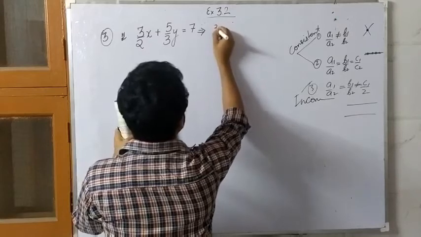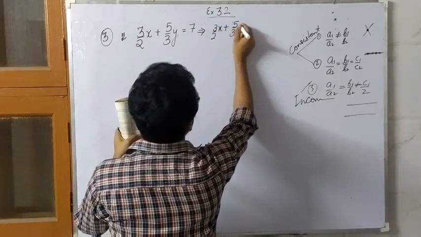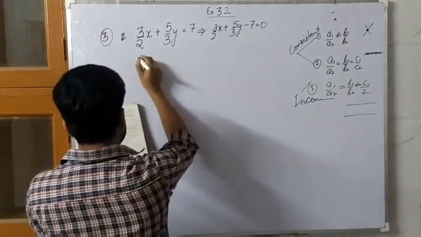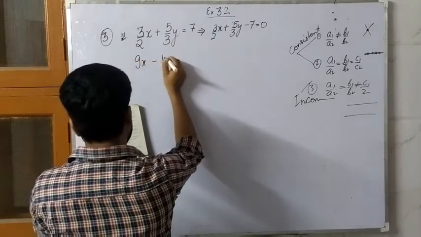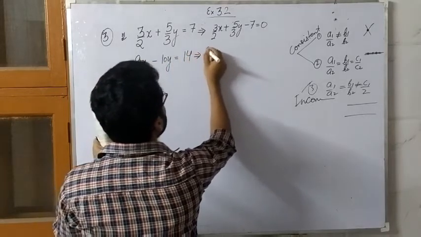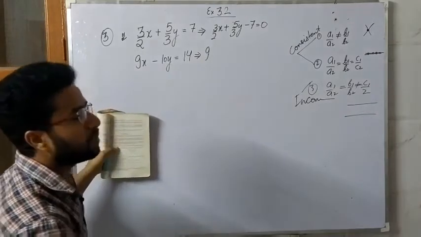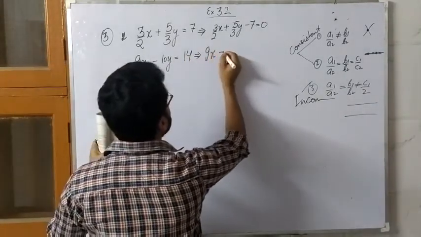So we will write 3 by 2x plus 5 by 3y minus 7 equals 0. The second equation is 9x minus 10y equals 14. This also we will make in the form a2x plus b2y plus c2, so this 14 should be on the left hand side.